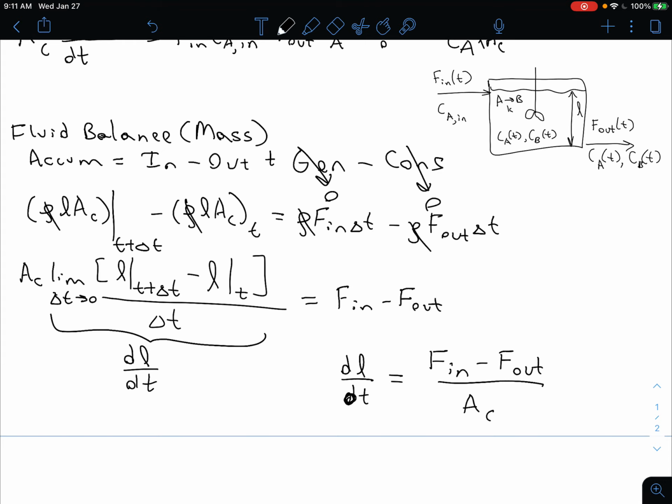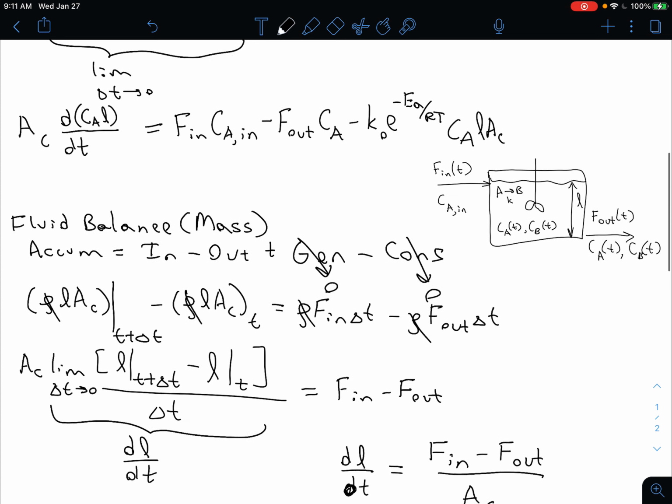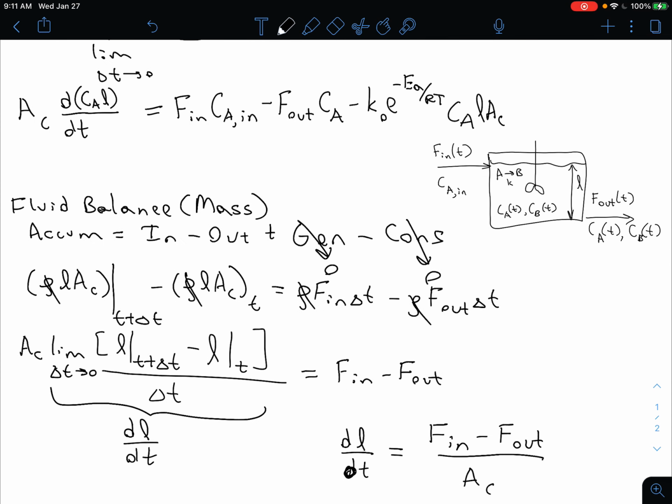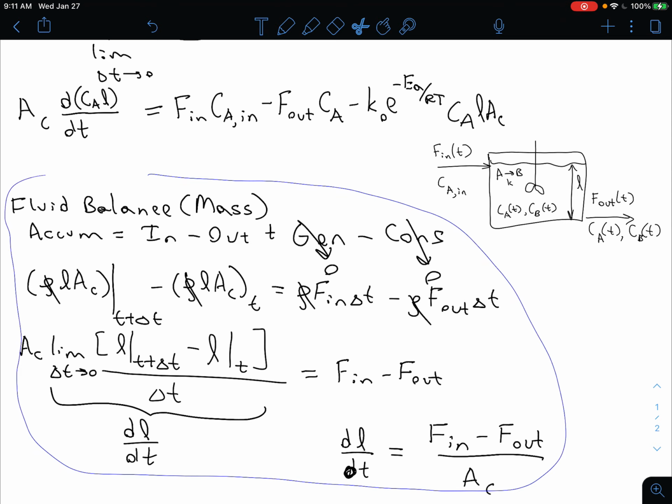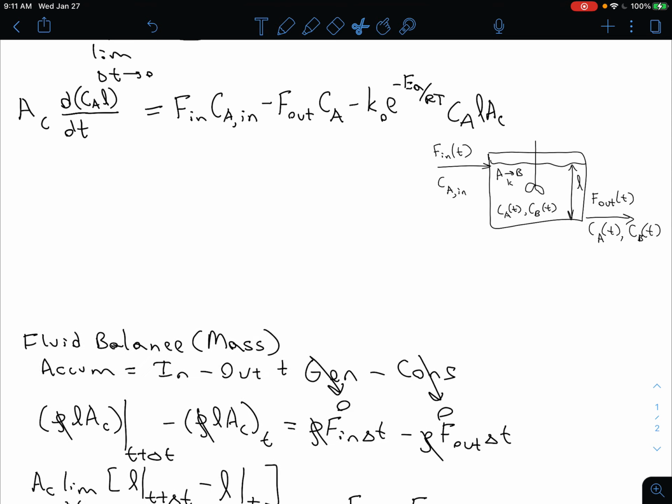So the reason I wanted to leave some room here, I didn't actually end up leaving much room. I wanted to leave some room after the balance on A because I can use this result to simplify the A equation a little bit.